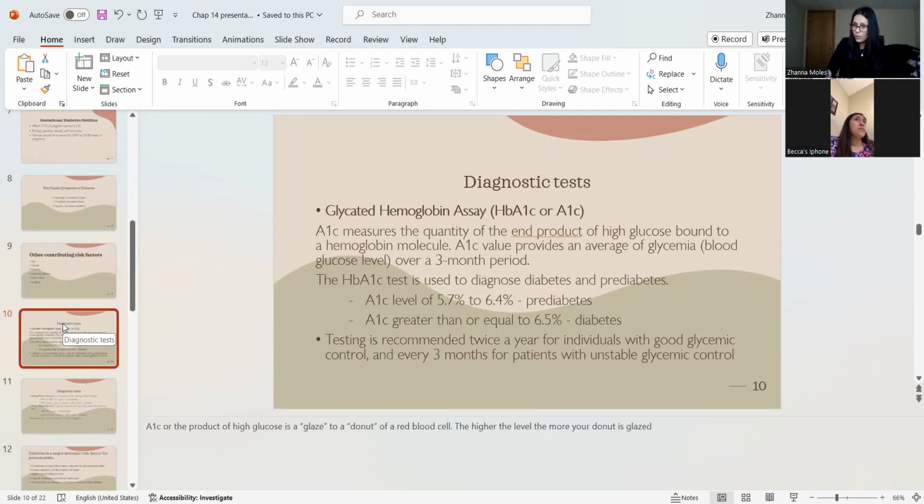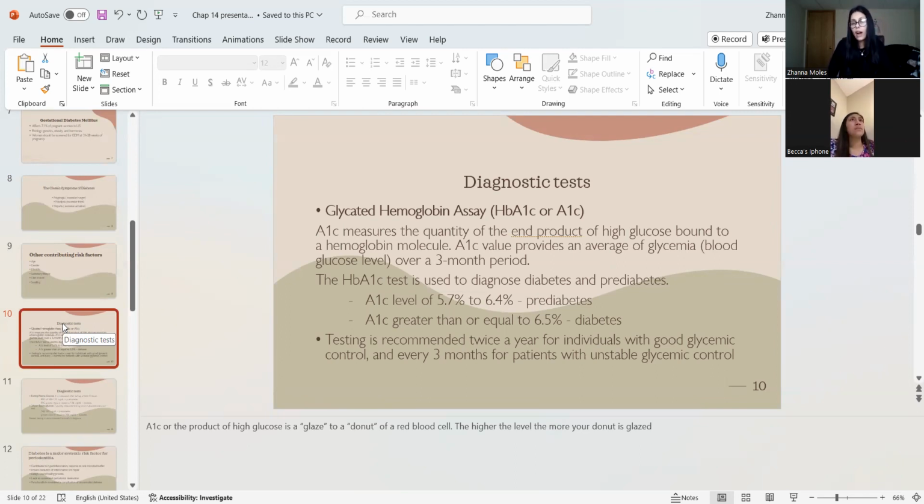As an example, we can say that our hemoglobin molecule is a donut, and the A1c is the icing on a donut. So the higher the level, the more your donut is glazed. So the A1c value provides an average of glycemia over a 3 month period.